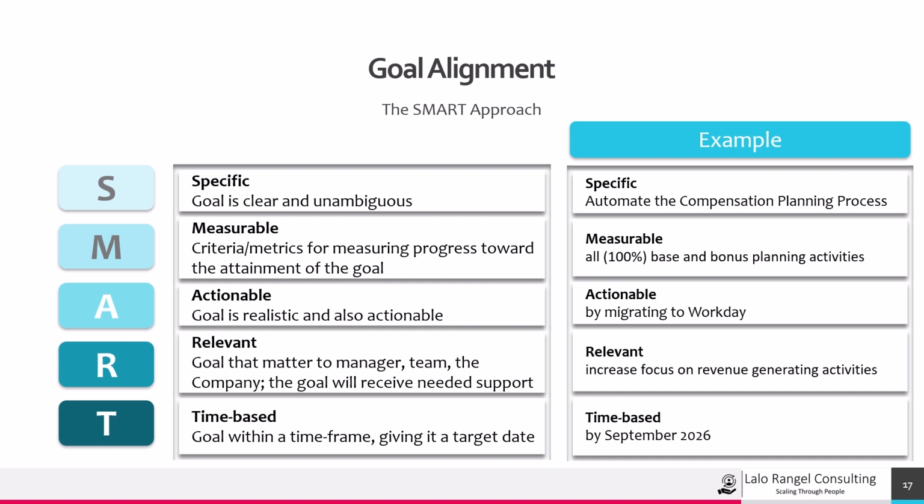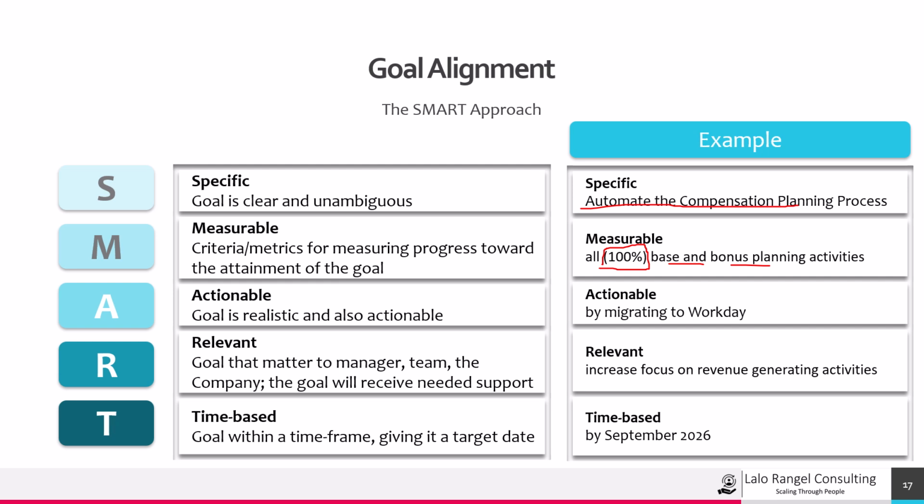In the case of the HRIS goal, it is specific because it's going to automate a process. It's measurable because 100% of the process needs to be automated, the base and bonus planning activities.